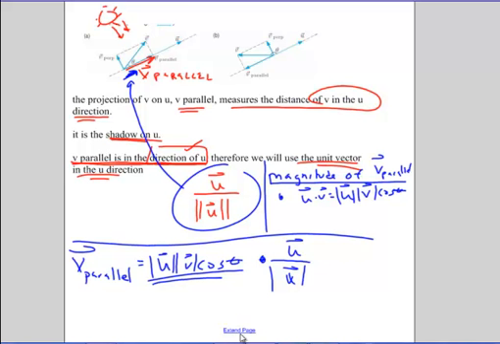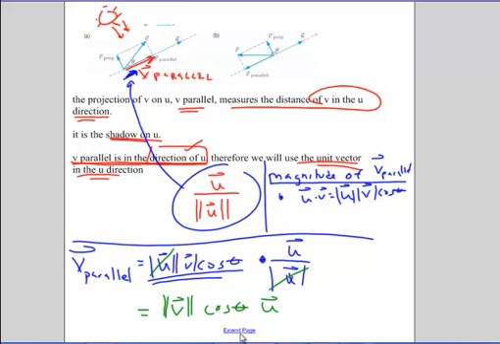Well, simplifying, the magnitude of U goes away, and we get that V parallel equals the magnitude of V cos theta, and that's just a scalar, times our vector U. And that gives us V parallel.